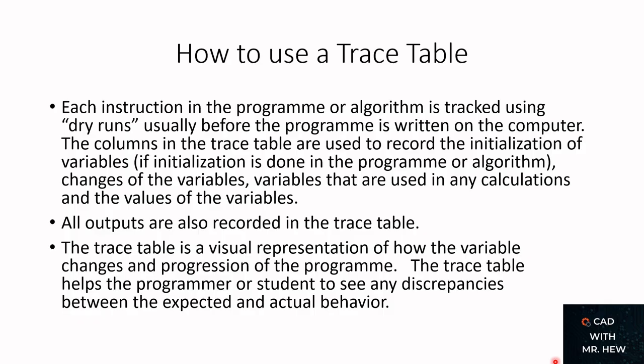All outputs are recorded in the trace table. The trace table is a visual representation of how the variable changes and any progression of the program. The trace table helps the programmer or student to see any discrepancies between the expected and actual behavior.